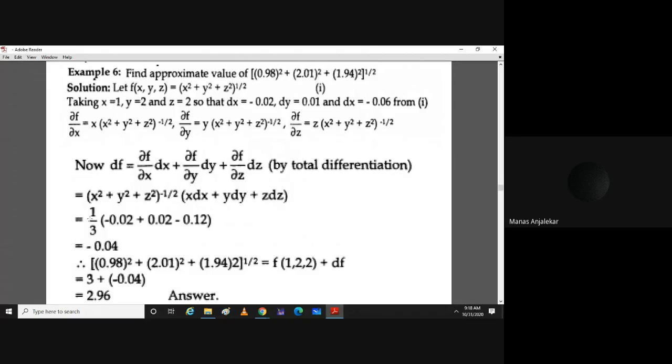Yes, sir. Okay. So 1 by 3. Then x into dx, so 1 into dx, that is minus 0.02, plus y into dy, so 2 into 0.01, that is 0.02, plus z into dz, so 2 into minus 0.06 is minus 0.12. So df is minus 0.04.